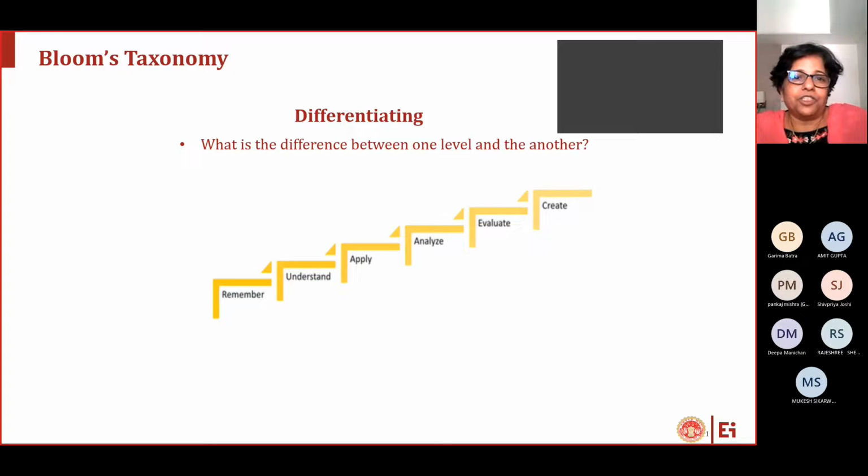Pankaj sir, can I request you to elaborate on how you will differentiate between understand and analyze? Understand means the concepts have been understood well, and conceptually he is quite clear on that level.